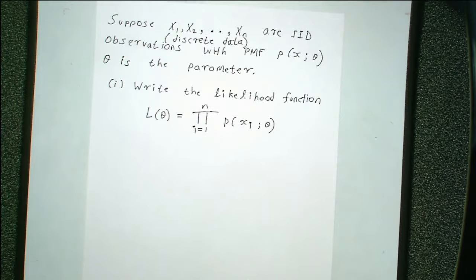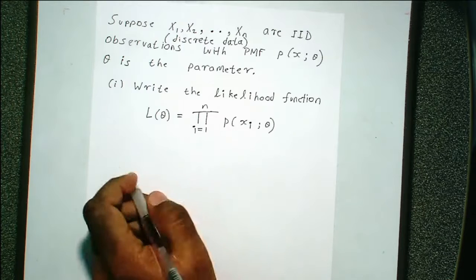Step 1 is you define the likelihood function as the product of the probability mass function at xi, i from 1 to n, right?